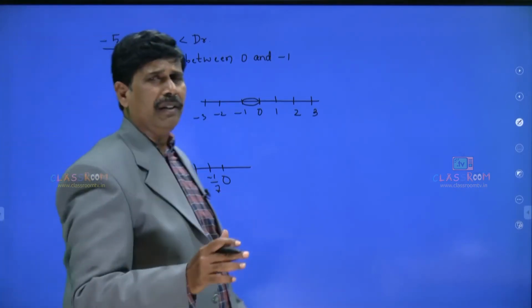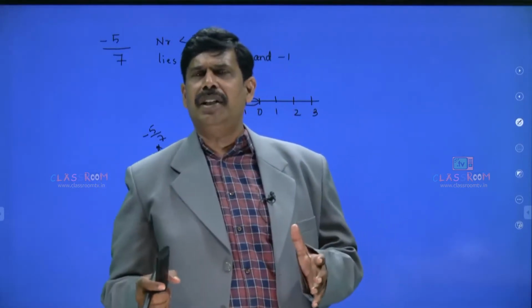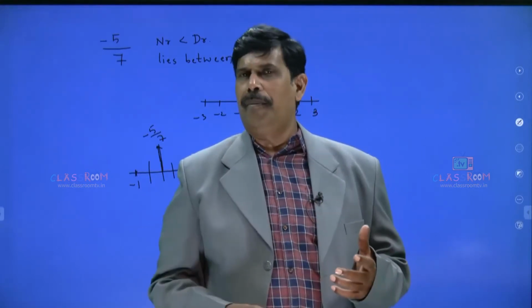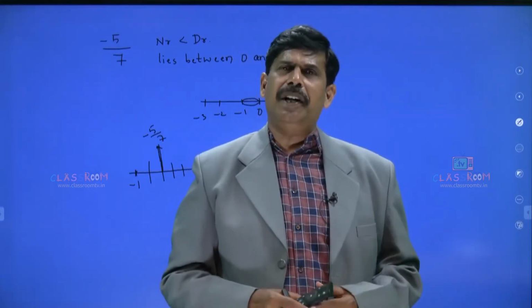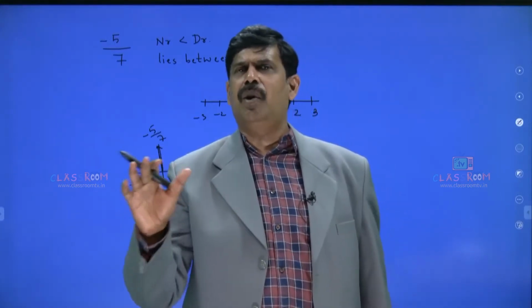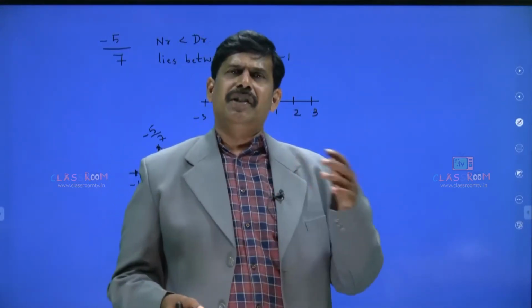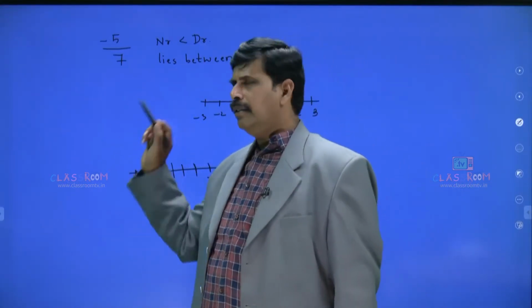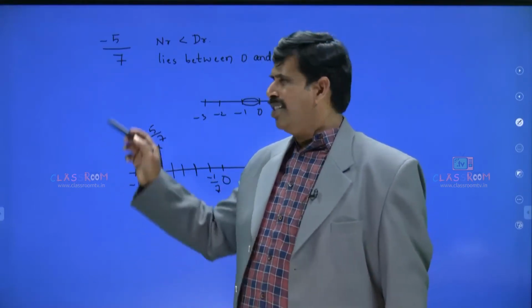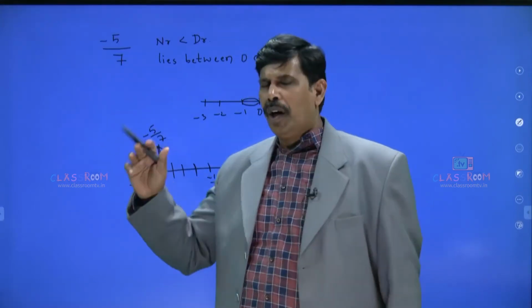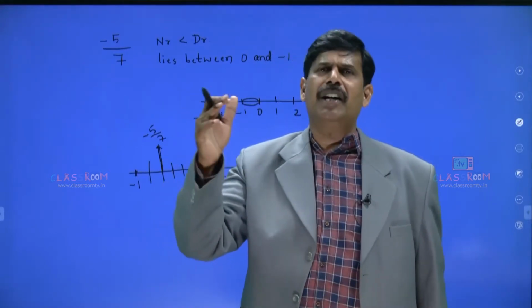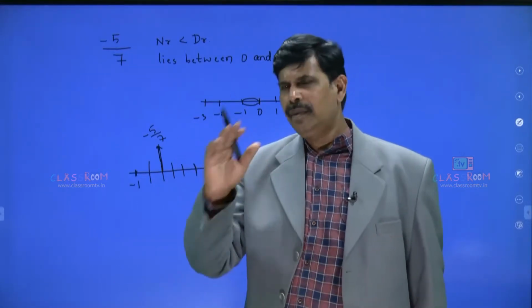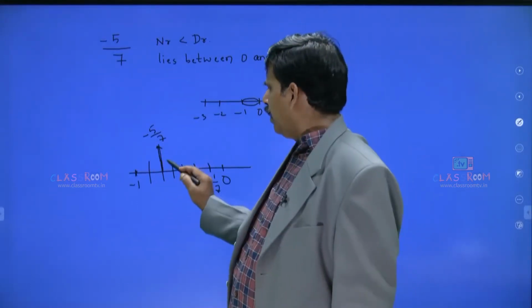So what is important to know? First you have to verify whether the numerator is less than the denominator or more than the denominator. If it is less, the value always lies between 0 and 1 if it is positive, and between 0 and minus 1 if it is negative. Then see the denominator: you divide into that many equal parts, and whatever the numerator, there you mark it.